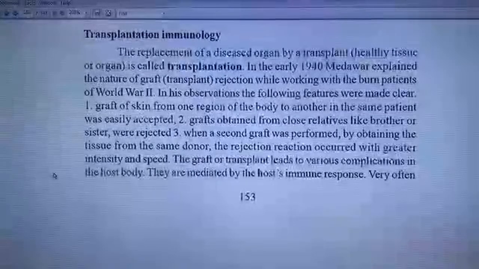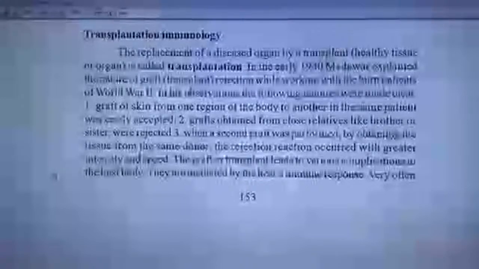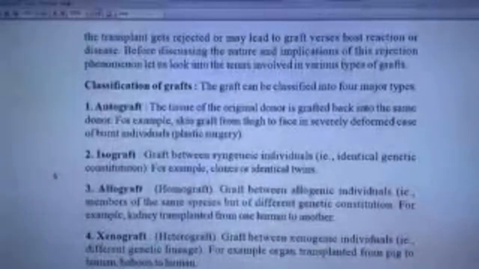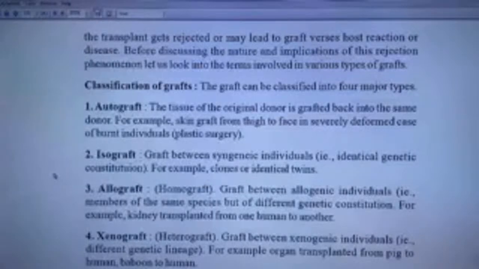The graft or transplant leads to various complications in the host body. They are mediated by the host immune response. Very often, the transplant gets rejected or may lead to graft versus host reaction or disease. Before discussing the nature and implications of this rejection phenomenon, let us look into terms involved in various types of grafts.